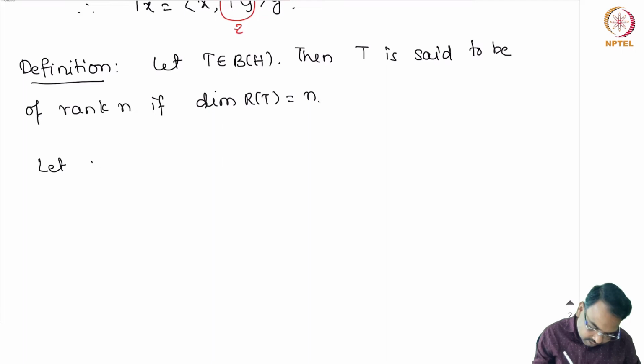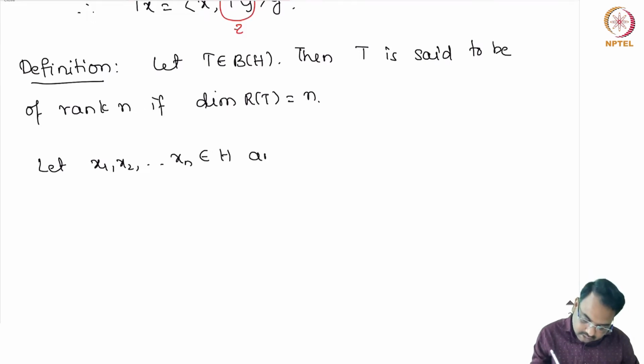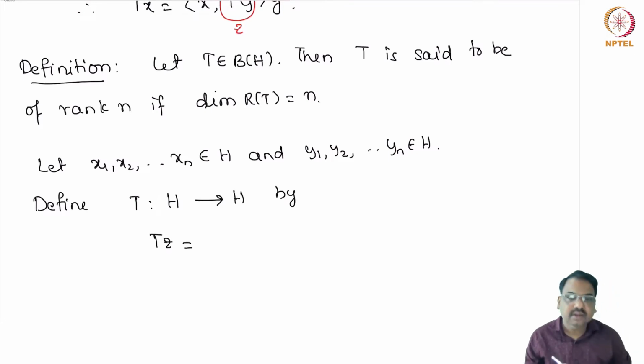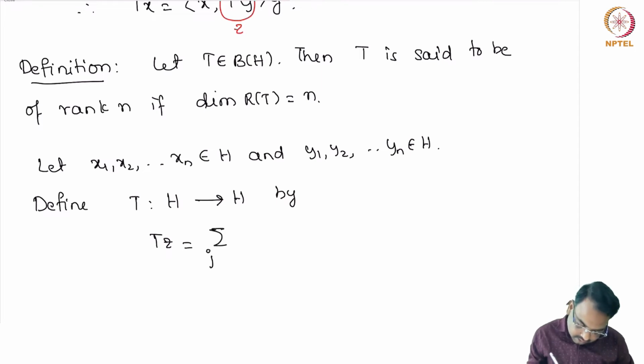Let us take x1, x2, and so on up to xn in H, and y1, y2, and so on up to yn in H. Then define T from H to H by T of z as the summation j equal to 1 to n of the inner product of z with xj, multiplied by yj.